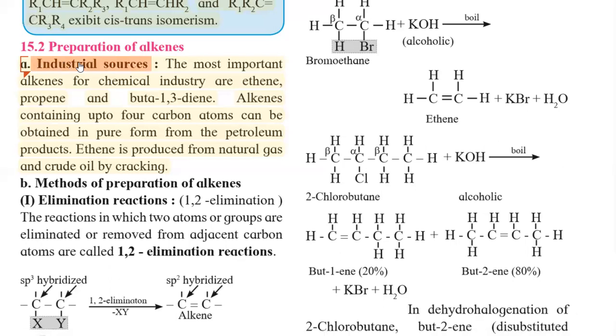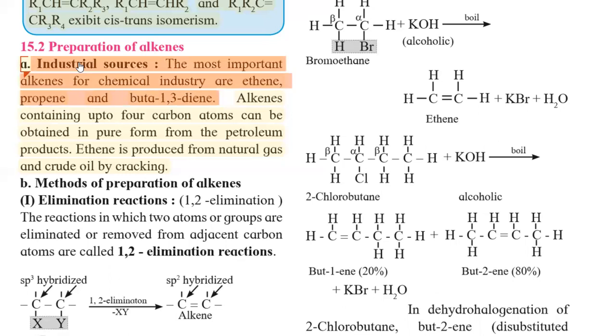The most important alkenes for the chemical industry are ethene, propene, and buta-1,3-diene. So, which are the important alkenes in chemical industry? Remember these names. One is ethene, the other is propene, and one more is buta-1,3-diene.